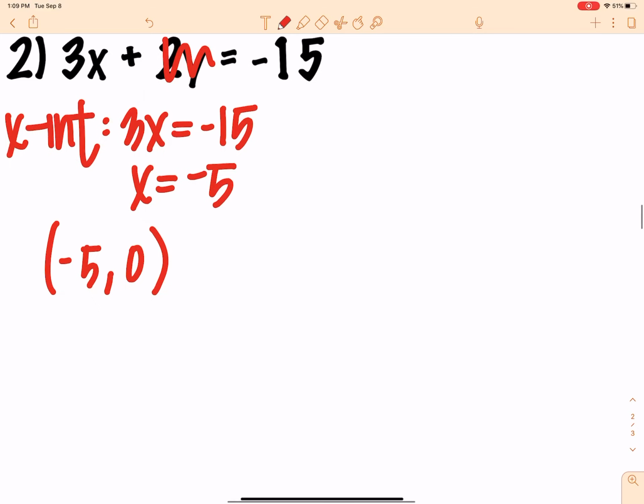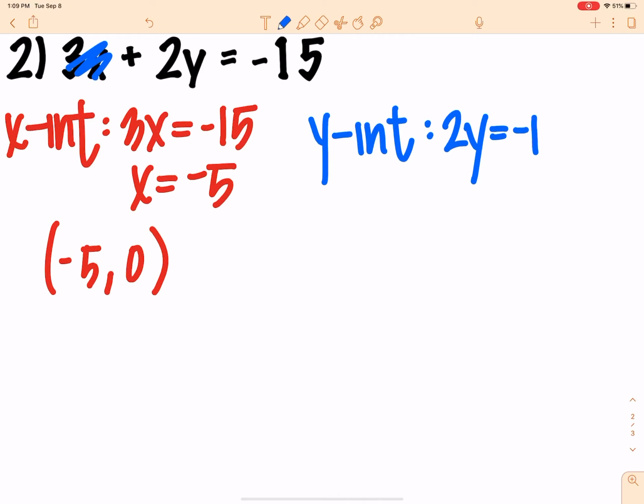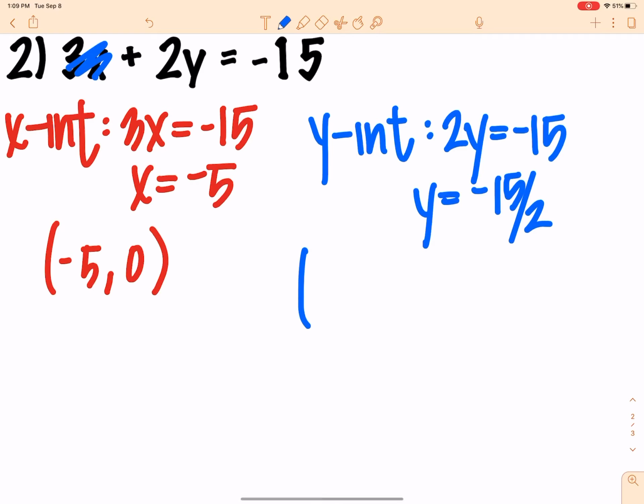Then my y-intercept means cancel out x. So I'm left with 2y equals negative 15. So y equals negative 15 over 2. And again, we keep it as that. We do not put it into decimals. So 0, comma negative 15/2 would be my final y-intercept answer.